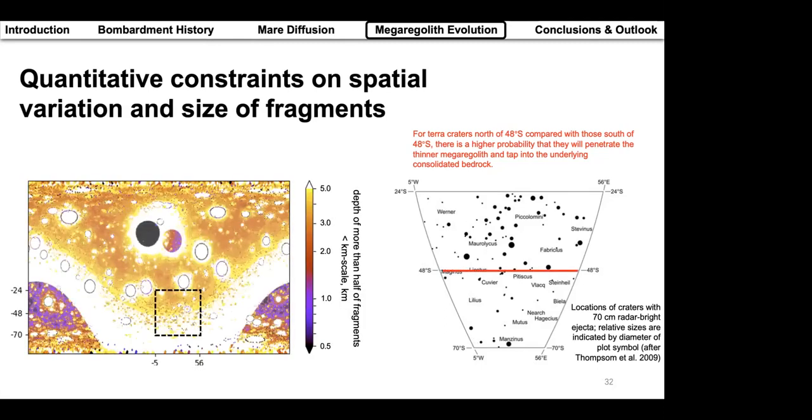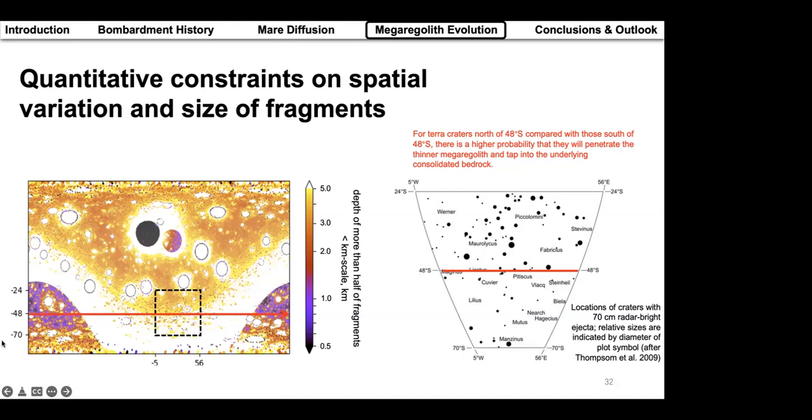From our models, this plot shows the thickness of very fragmented materials. You can consider this plot as the thickness of the upper megaregolith. And then you can see a similar difference between the upper and the lower part.